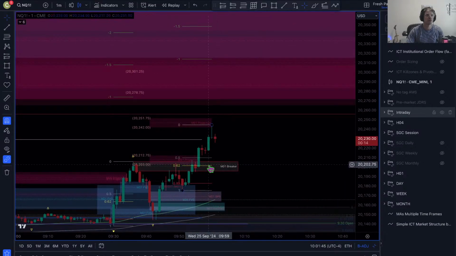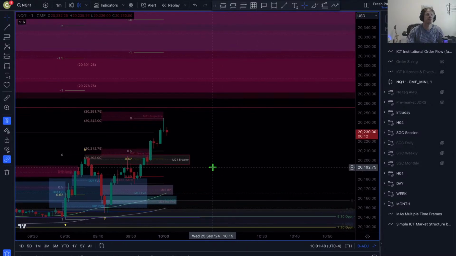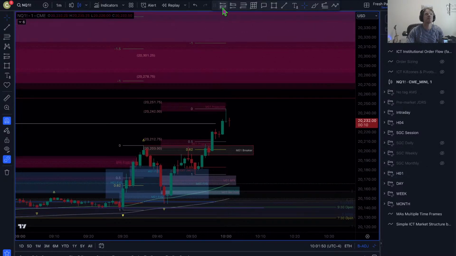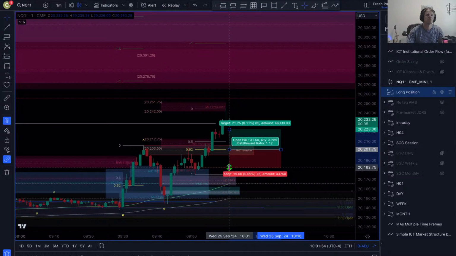You're looking at the entry around 202. Yeah, and it covers that fair value gap from below, which is nice.